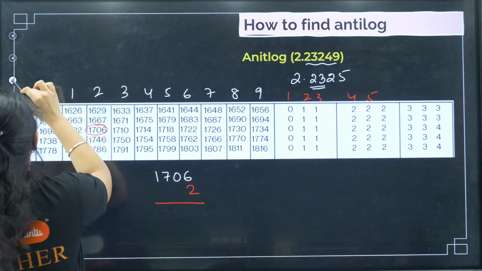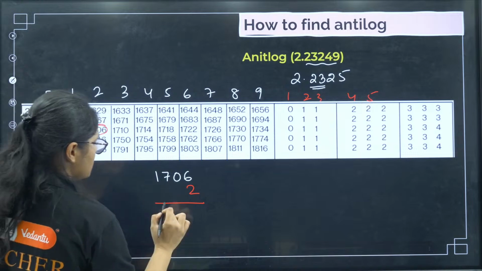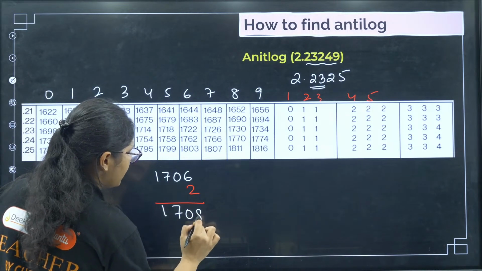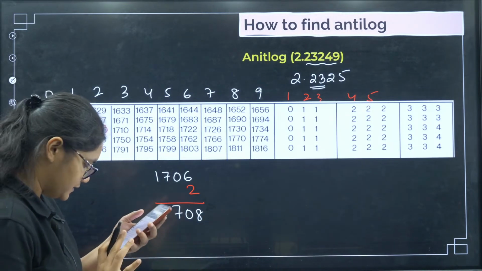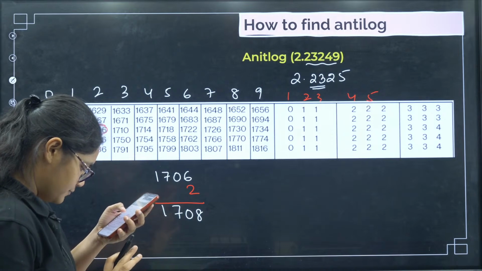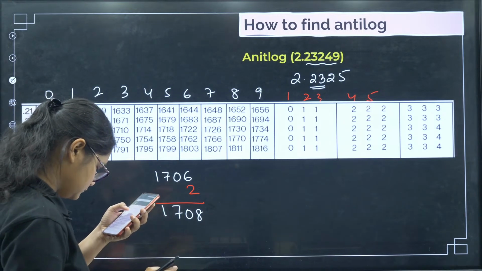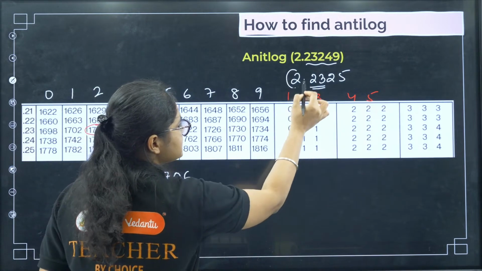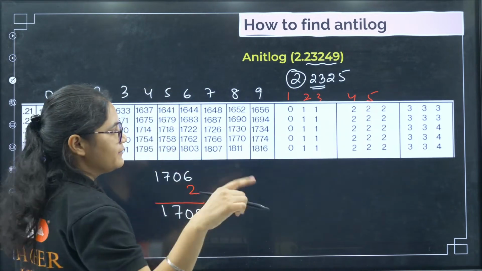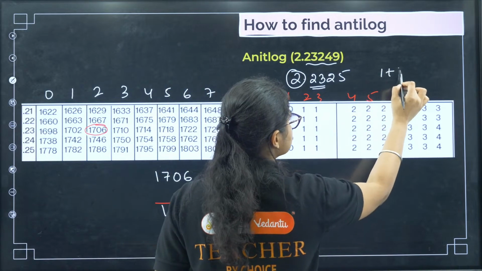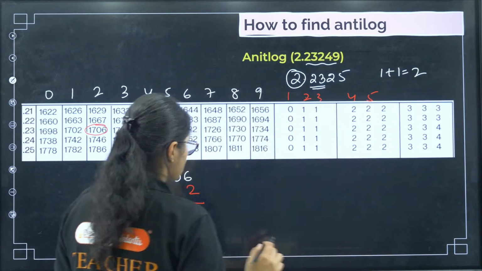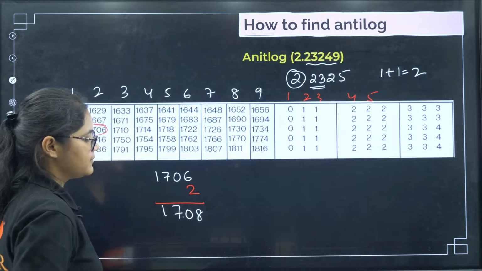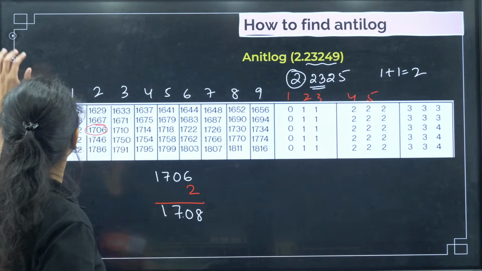You have 1708. You got this number 1708. Now after that you see that before decimal we have only one number, so I will add one to this one. 1 plus 1 will be 2, right? So after 2 places I will put decimal and I'll get 17.08.